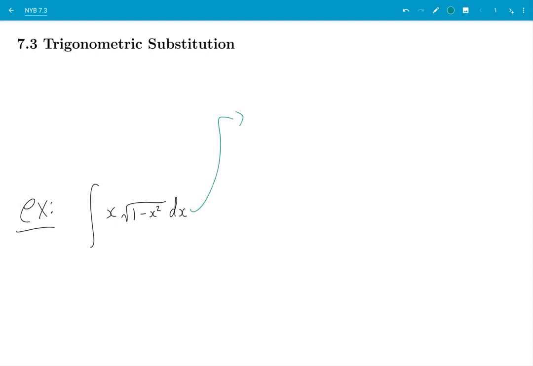So here, just as an example, u equals 1 minus x squared will in fact work here. How do I know that without calculation?